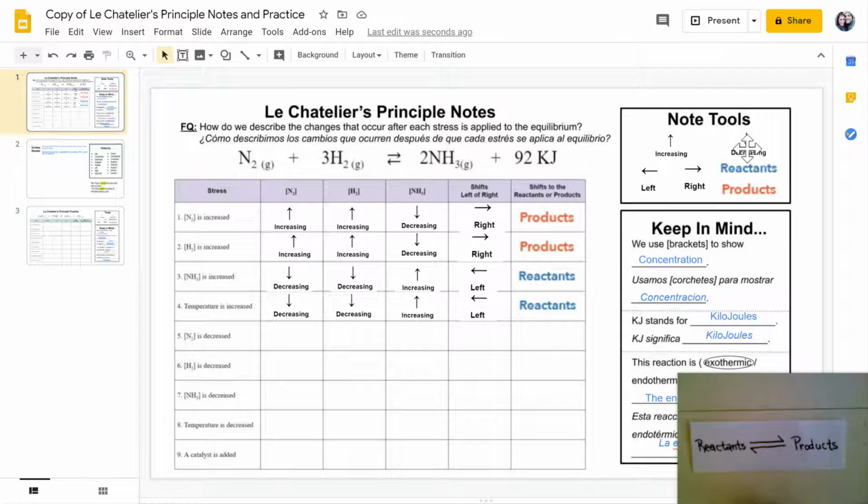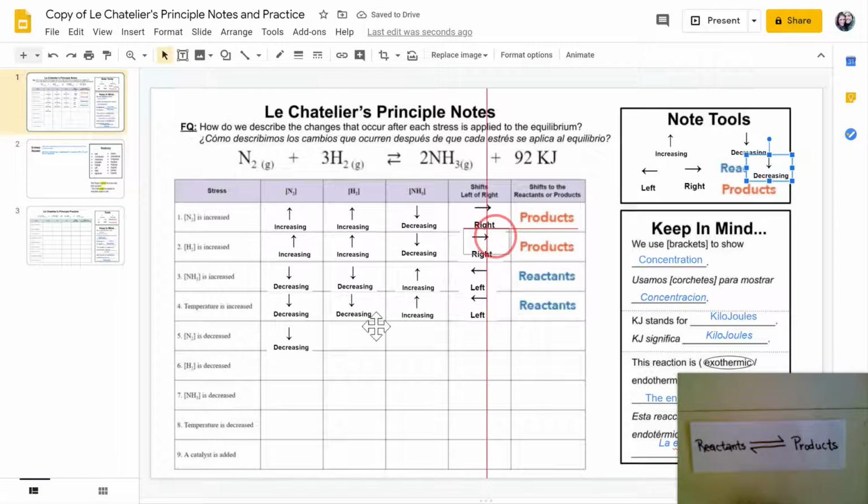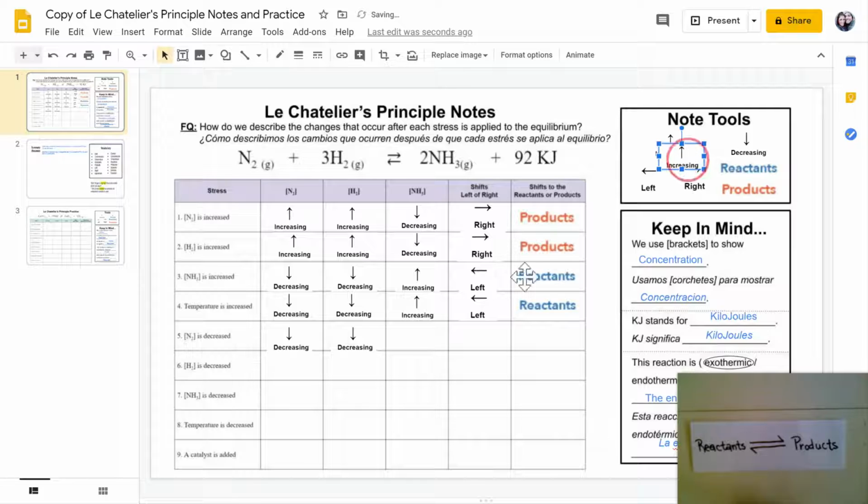Well, we should see that the concentration of N2 decreases, because that's the opposite of increasing. And we think that the opposite of decreasing is increasing, so the concentration of NH3 we predict should increase.